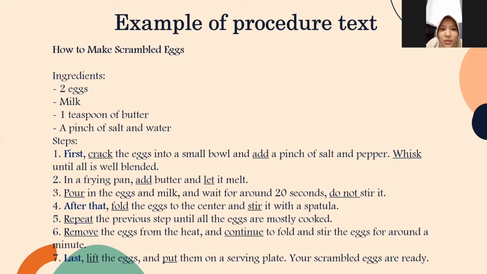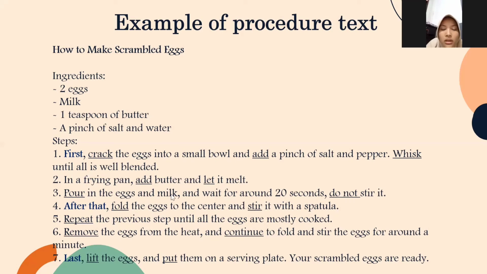From point 1 to point 7 is the steps. First, break the eggs into a small bowl and add a pinch of salt and pepper. Whisk until it's well blended. Second, in a frying pan, add butter and let it melt.